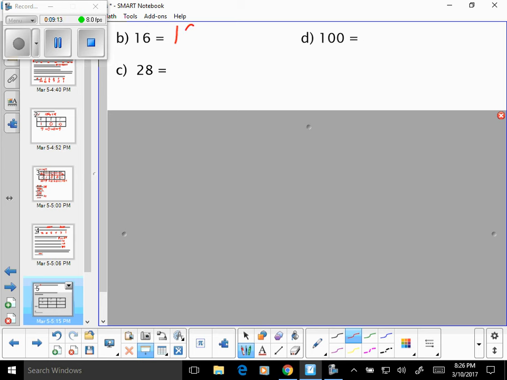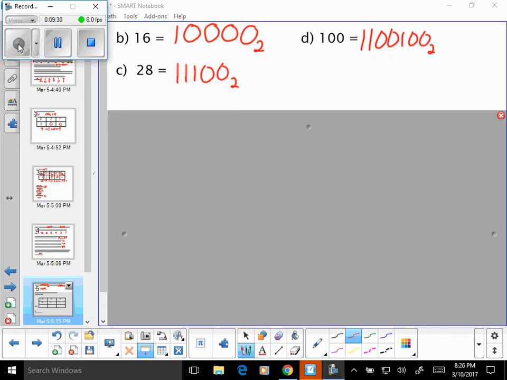I don't have 2 to the 3rd. I don't have 2 to the 2nd. I don't have 2 to the 1st. I don't have 2 to the 0. And remember, I'm in base 2. Let's see if you can figure out C and D. How'd you do? Did you get them right? Did you remember to put your subscript for base 2?